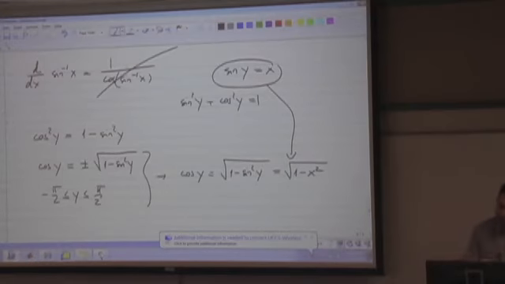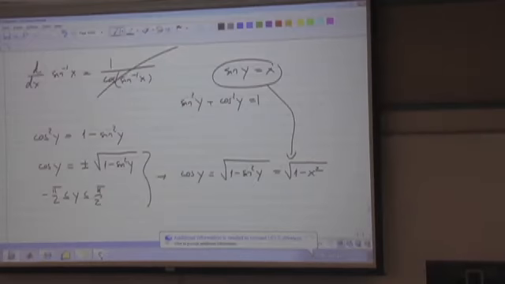You have to derive secant inverse. I guess you got lucky because out of the 3 problems that require them, 2 of them are odd. So you will have to derive the derivative of secant inverse of x. But before I go any further, is this making sense?